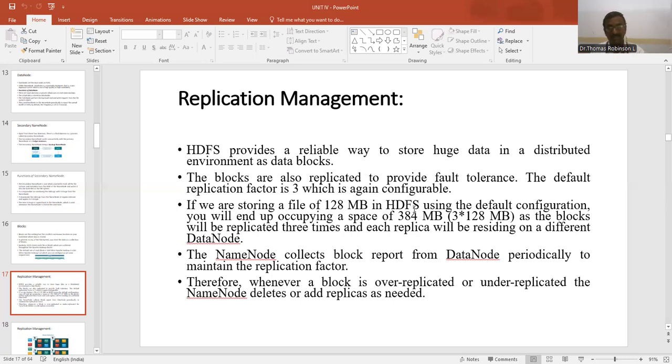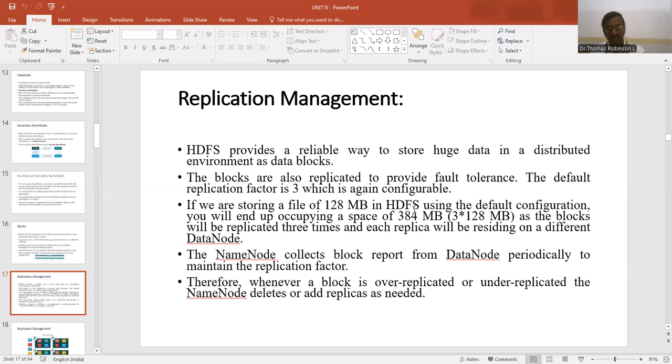That's an important point here. Wherever we store this 128 MB of data, it should be placed in different data nodes. For example, if a 128 MB block is stored in data node A, another copy of the same 128 MB should not be stored inside data node A. For example, if there are data nodes A, B, and C, the first copy is stored in A, the second in B, and the third in C. Otherwise, it can be stored in C, D, or any others.